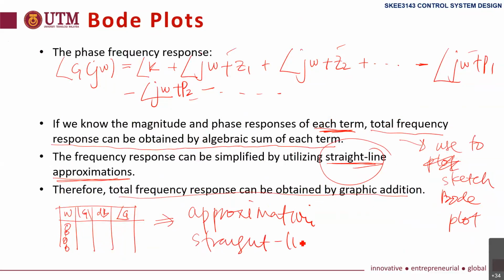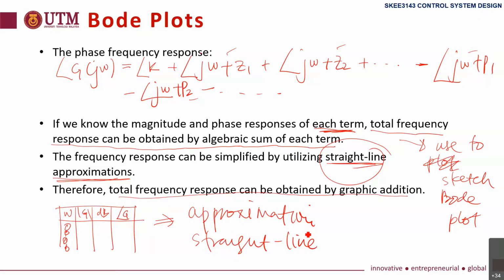Straight line approximation. We want to draw the Bode plot, but after this we will not use the table. We will not be taking data one by one. We will do what we call approximation. It will be faster and easier as compared to calculating one by one.